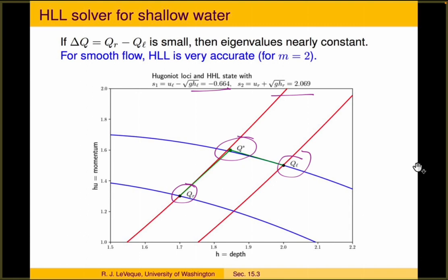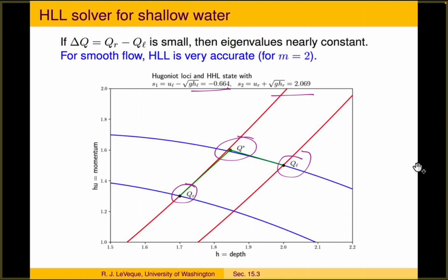So over most of the region of space where the solution is smooth, we really expect to be solving Riemann problems like this, where Q left and Q right are very close to each other. And so any Riemann solver that can do a good job of approximating this case should work well on smooth flows.